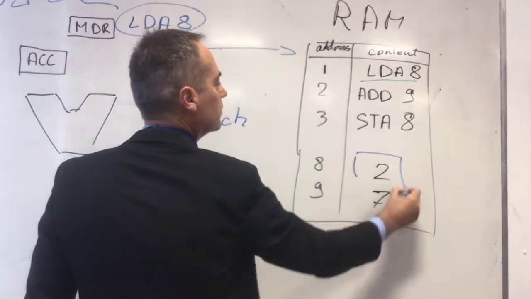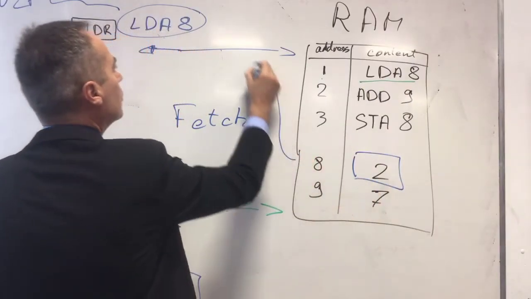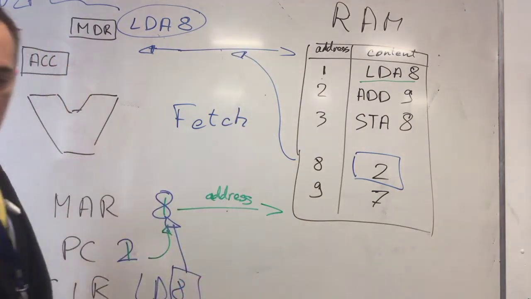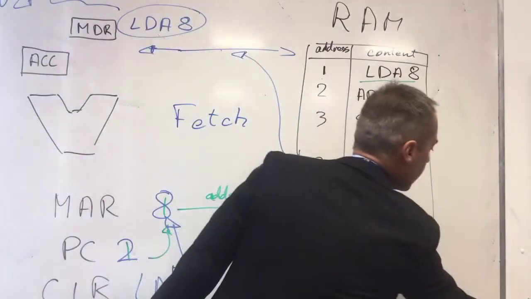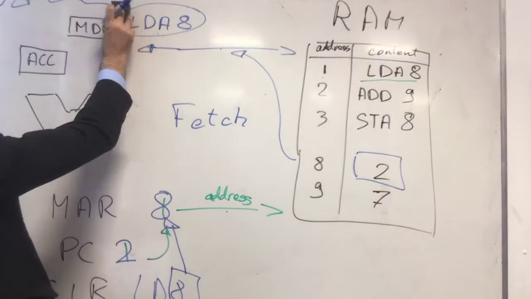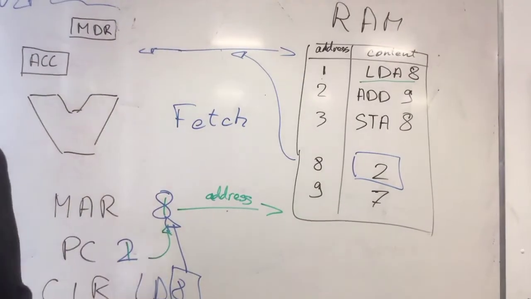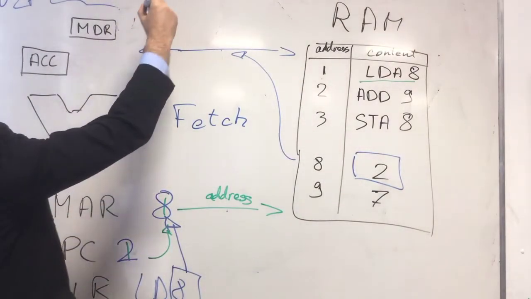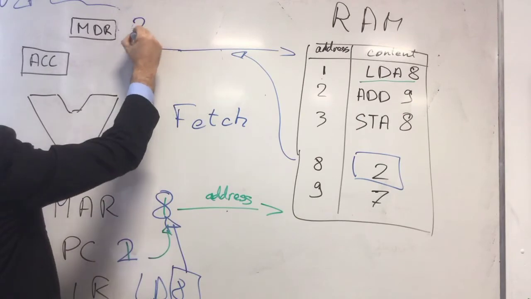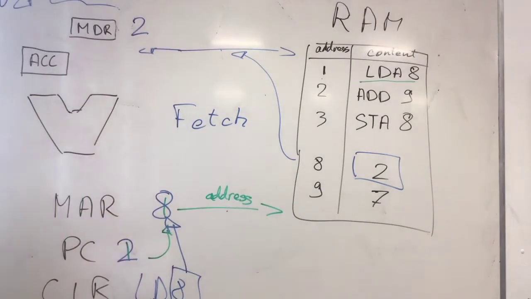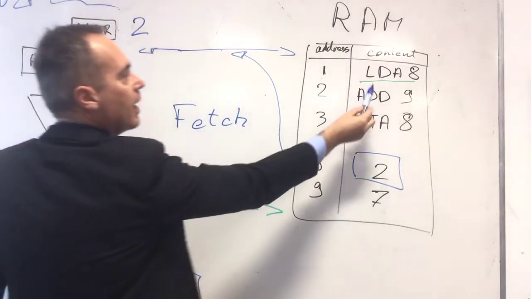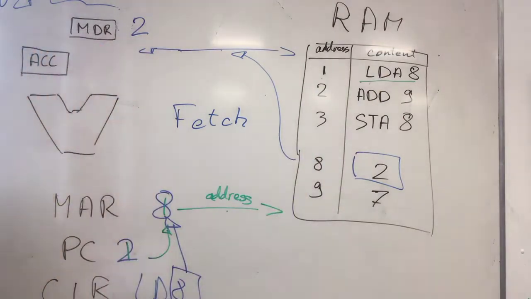Fetch this content, which goes up here. So I need to update what the MDR contains at that part of the Fetch-Decode-Execute cycle. Now it contains the number 2. And because this is LDA, load the accumulator, this also goes into the accumulator over here.